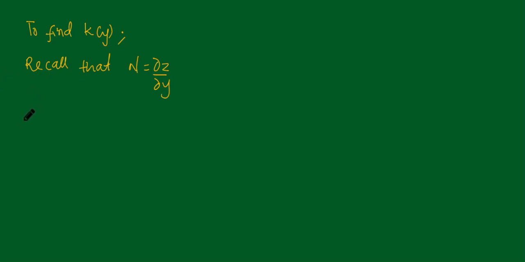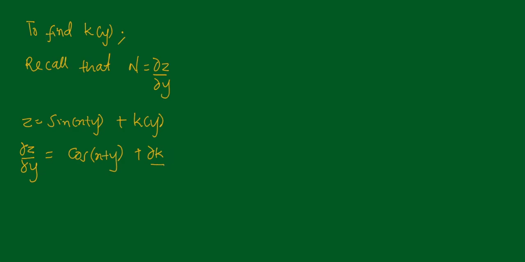And since our z is equal to sin(x + y) plus k, which is a function in y, we can find the partial derivative of z with respect to y in this case and equate it to n, which we know normally. So dz/dy now becomes cos(x + y) plus dk/dy. And we said this is equal to n.